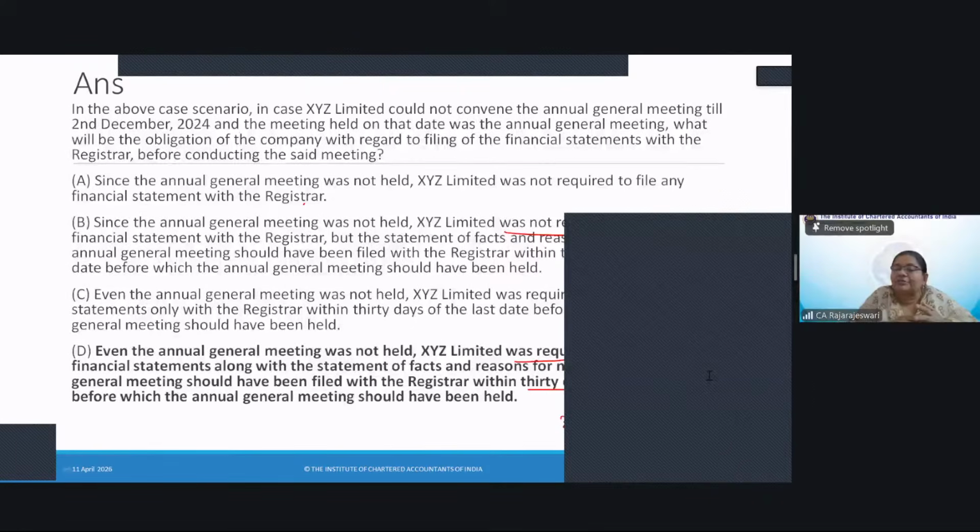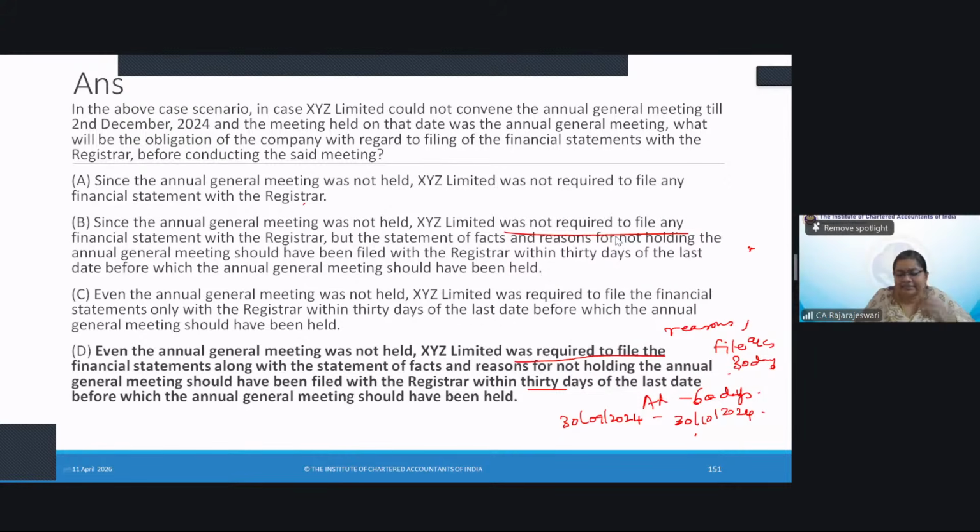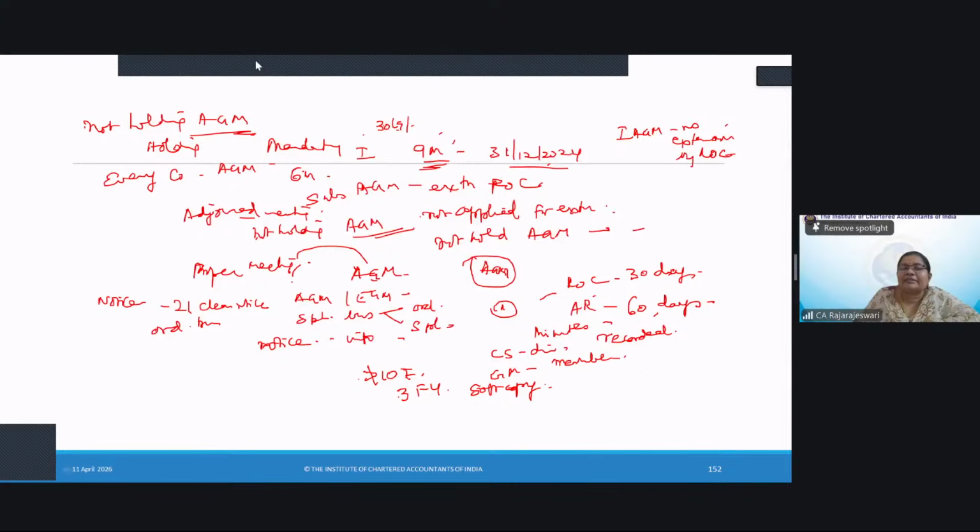But the Act does not specify how many days in advance you have to request inspection of a copy, because one thing is specified: a member can also ask for a soft copy of the 3 immediately preceding financial years' minutes. It has not been specified how many days to request. Members can inspect at any time they want. For the preceding 3 financial years, a person can ask for a soft copy, and it can be given free of cost. So no time limit has been specified in that case.